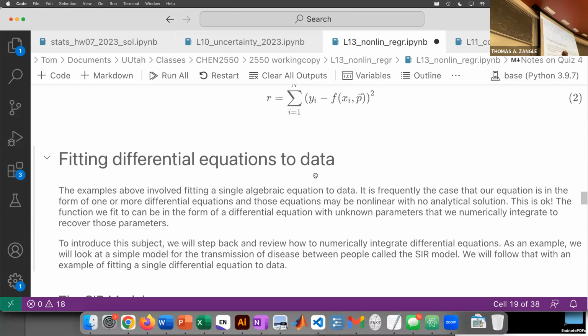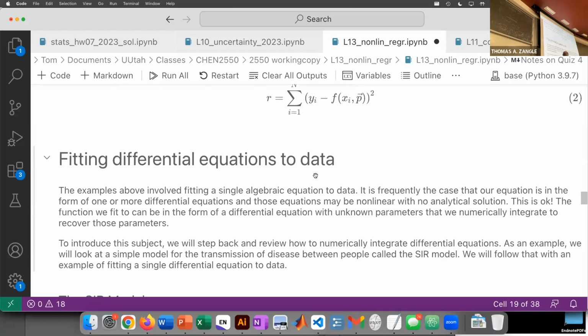So we'll start here by just discussing a reminder of how we can do numerical integration, or maybe an introduction to how we can do numerical integration from a differential equation or set of differential equations. And then what we'll see is that we can take that and use it as a function in our nonlinear regression, and then use that to estimate parameter values.